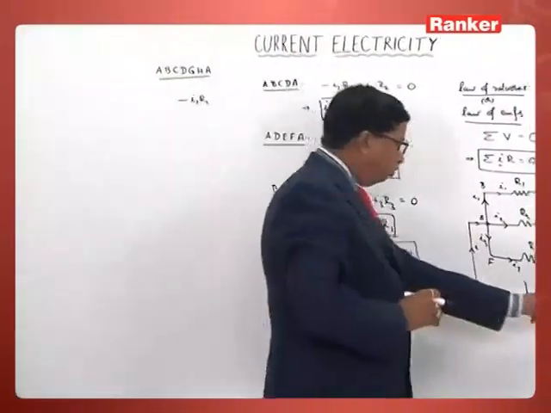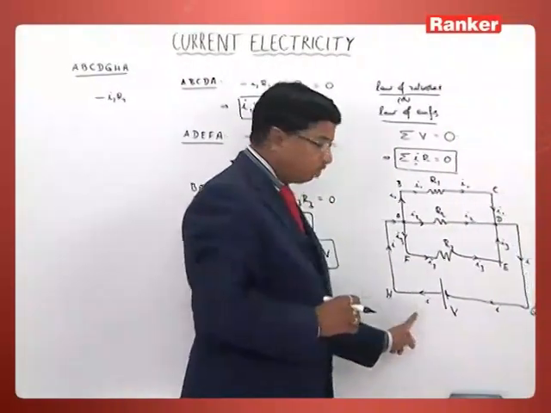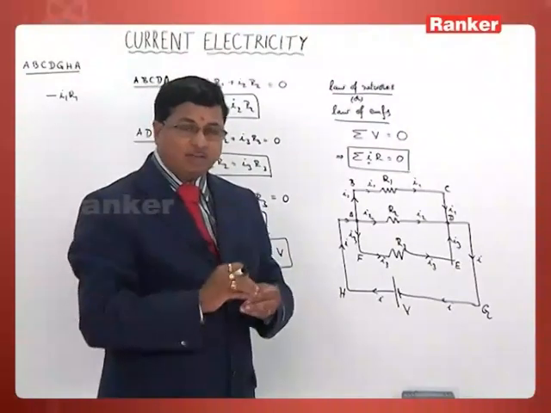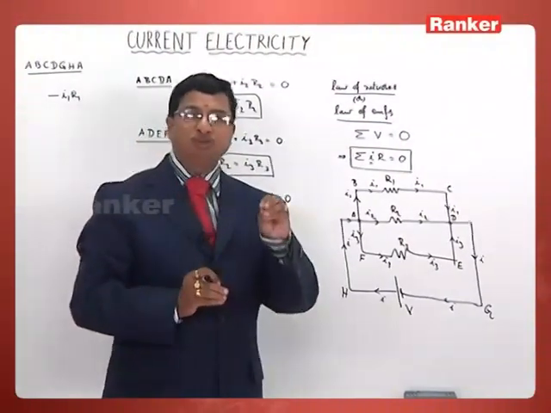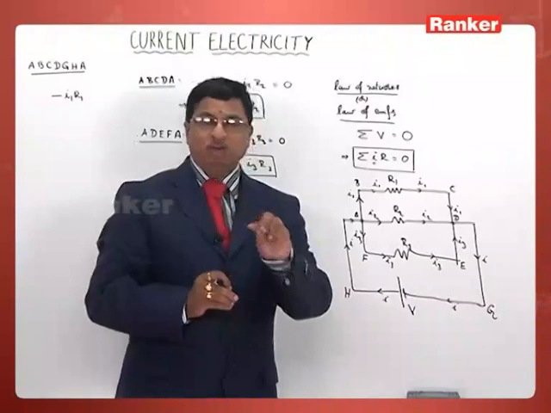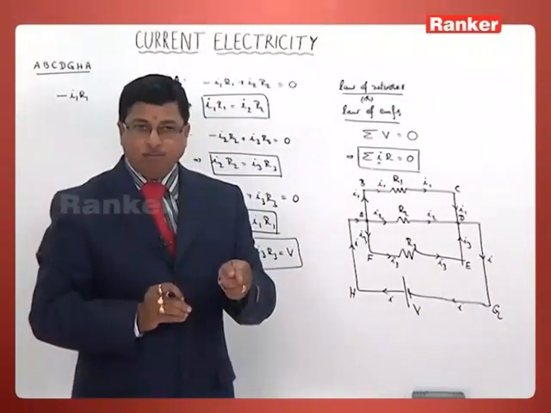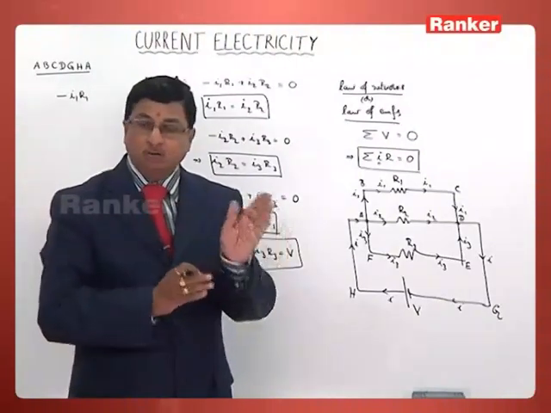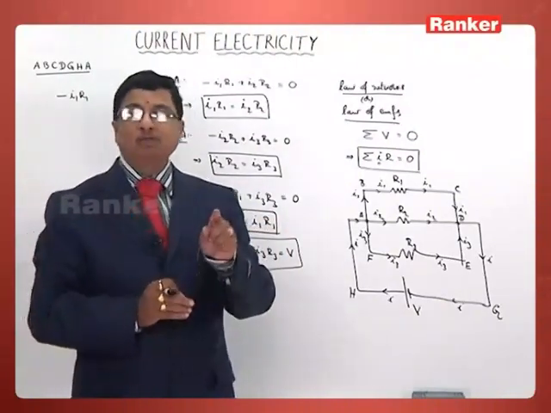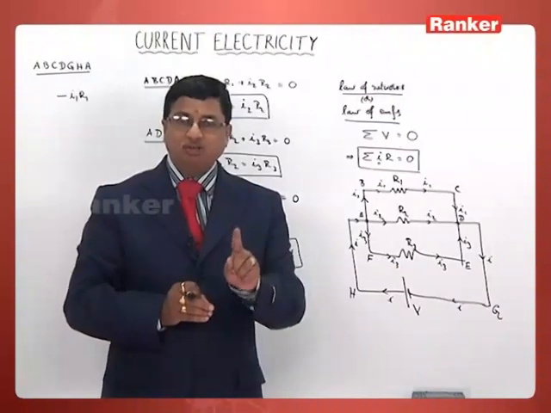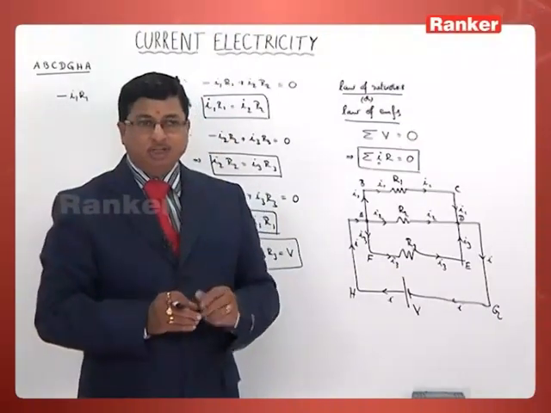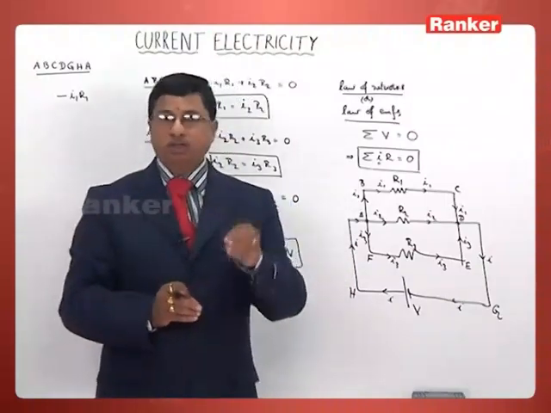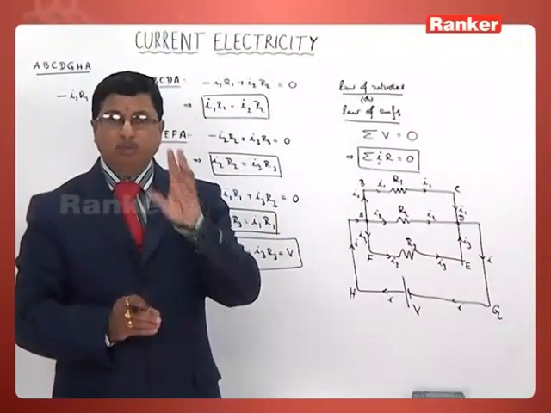And of course, while moving from G to H, we are crossing the cell. While crossing the cell, you have to remember the convention this way. When you are crossing the cell from positive side to negative side, positive terminal to negative terminal, then you should consider that potential with a negative sign. If you are crossing from negative side to positive side, then we consider that potential to be positive.